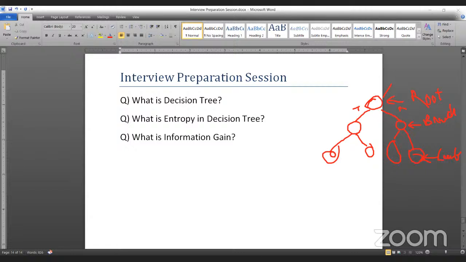For choosing this node, we have to choose the feature having the highest information gain. So what is this information gain now? Information gain is the entropy before the split subtracted by the entropy after, for a node.